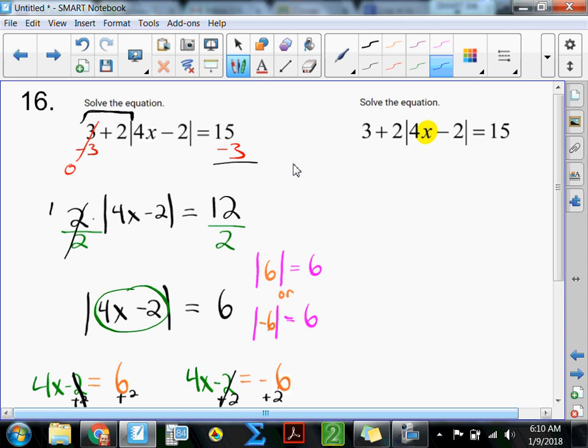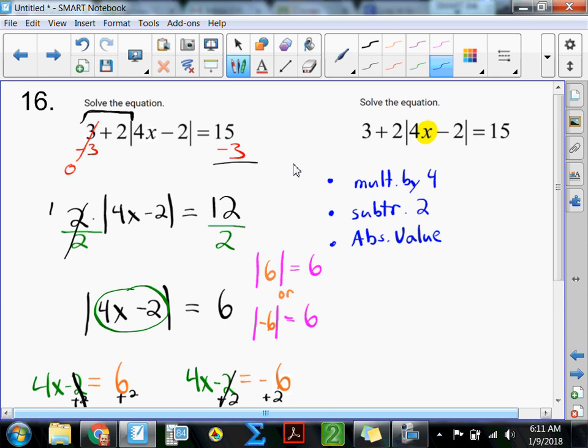So if we wrote down a list of what's happening in this problem, we're taking x and we're multiplying by 4. After we multiply by 4, it looks like we are subtracting 2. Then we have the absolute value. The absolute value is a function, so we're taking the absolute value of whatever that number is.